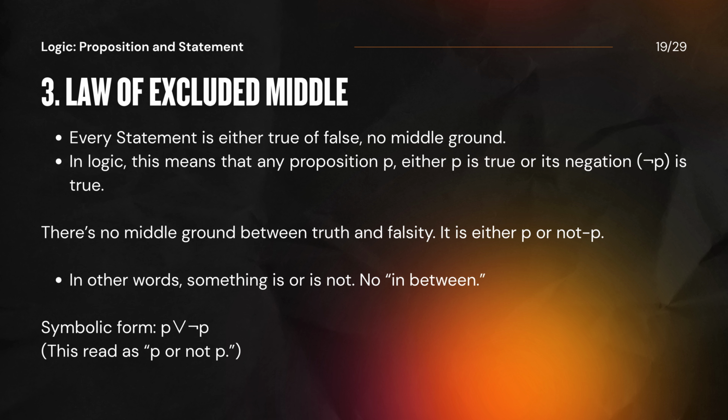Hindi pwedeng sabay na ang isang tao ay gising, ang isang tao ay hindi. The statement is true. Ayon sa law of excluded middle, ang isang statement ay dapat either true or false lang. Hindi parehong totoo at hindi parehong mali. So in short, the law of excluded middle reminds us that there's no middle ground between truth and falsity. Ang isang bagay ay totoo o hindi totoo.